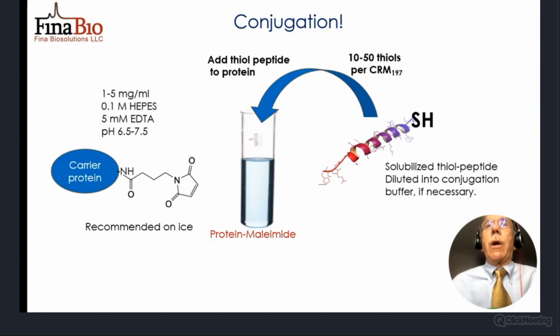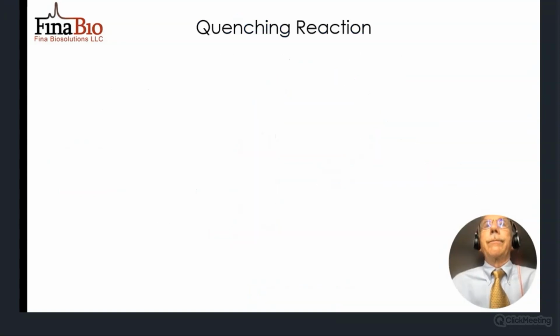There's no point in going to a higher ratio because you're really not going to get any more on. And if you overlabel it, you may end up causing precipitation or aggregation. We let the reaction proceed for at least 1 hour, but we'll often let it run overnight just for convenience.